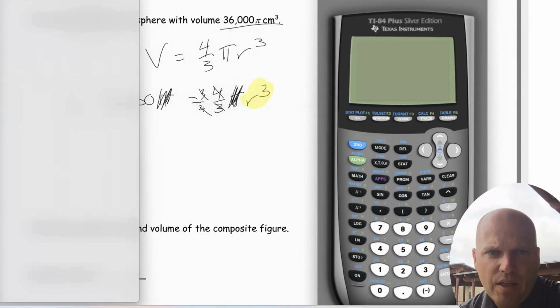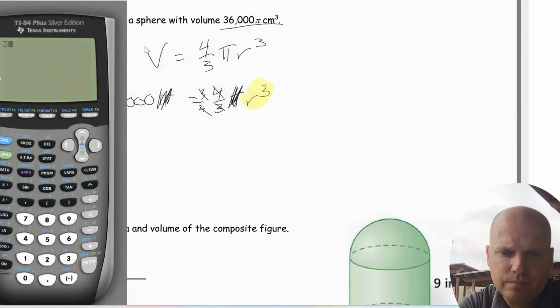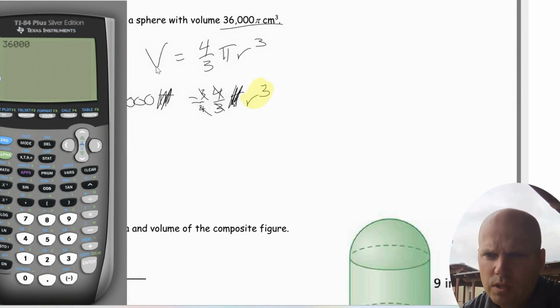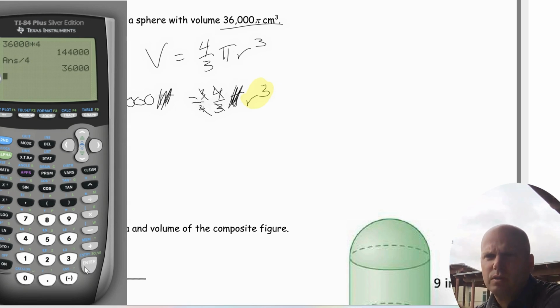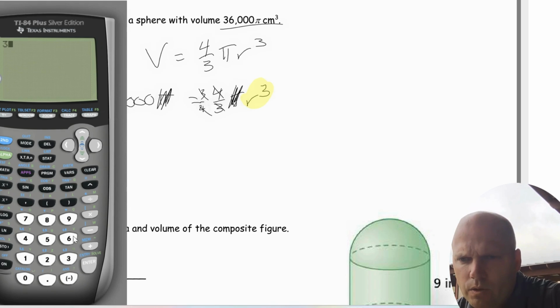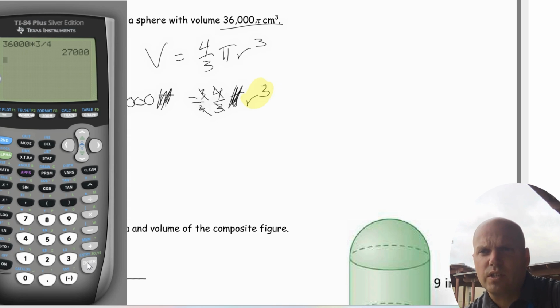So I got 36,000 times 3/4. I get r cubed. Oops. 36,000 times 3/4. 27,000.